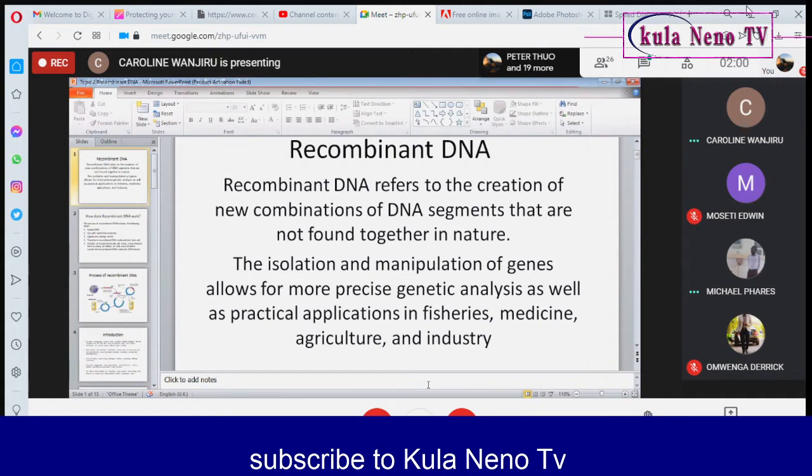Then you isolate it, because you don't need the whole thing. Remember, when you go to the gene, you go through the cell, you go to the double strand helix, then you identify your gene of interest. Once you say this is the gene, maybe it's CTTR, that's your gene of interest.